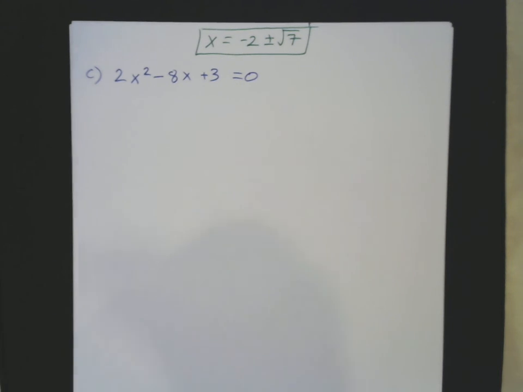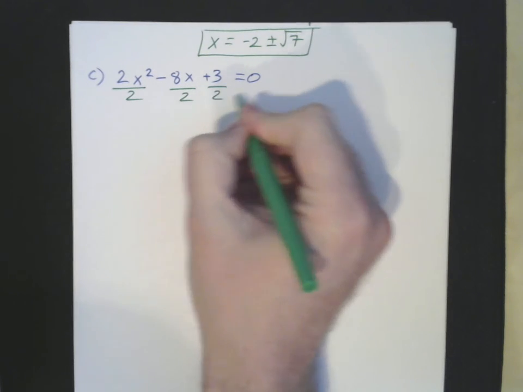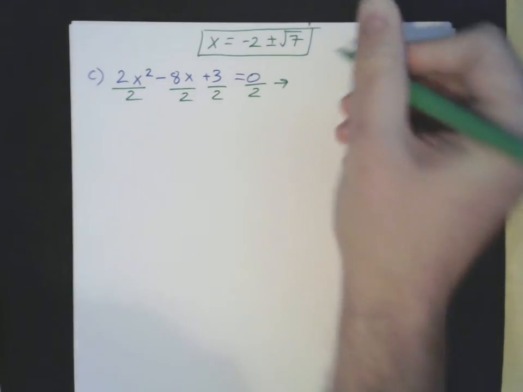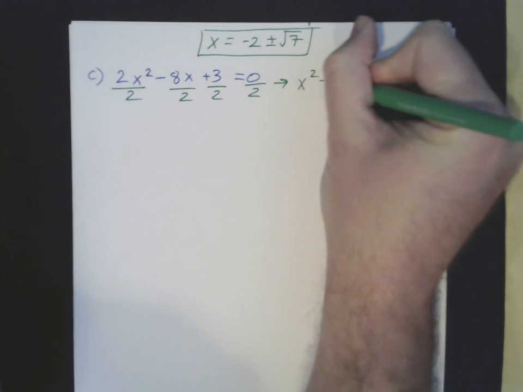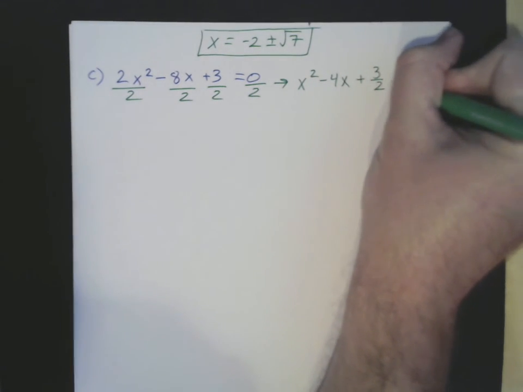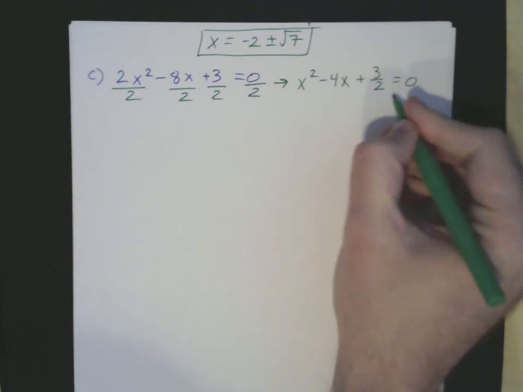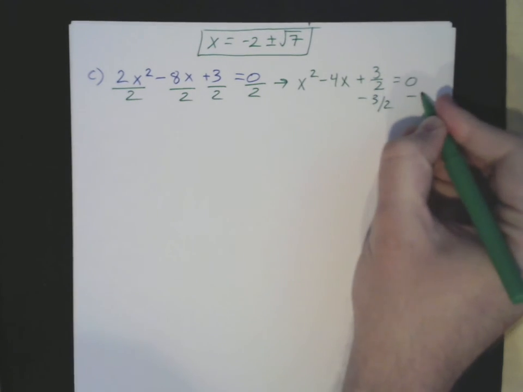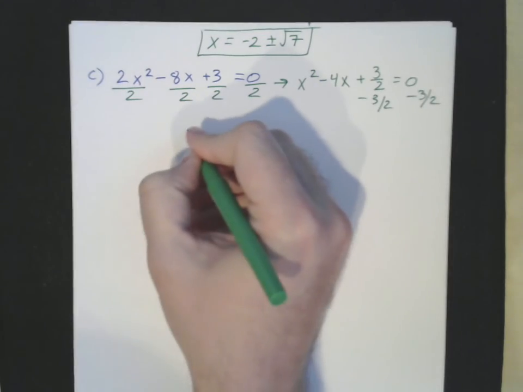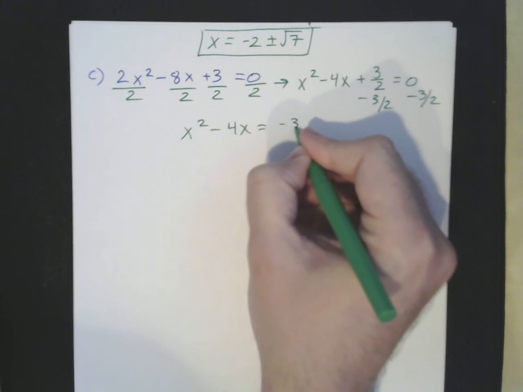So now we actually do have to divide out everything by 2. And that gets us x squared minus 4x plus 3 over 2 equals 0. Subtract this over. So we have x squared minus 4x equals -3/2.